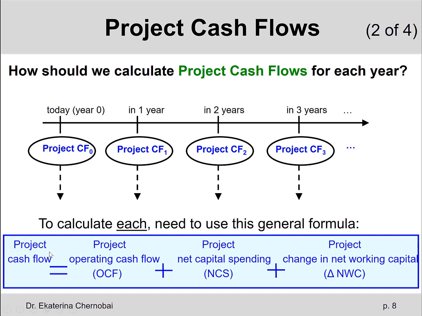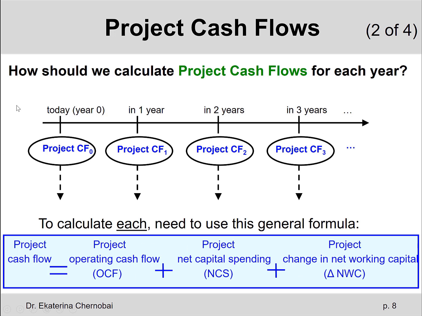To find project cash flow, we need to sum up 3 things: project operating cash flow, OCF, project net capital spending, NCS, and project change in net working capital, change in NWC.